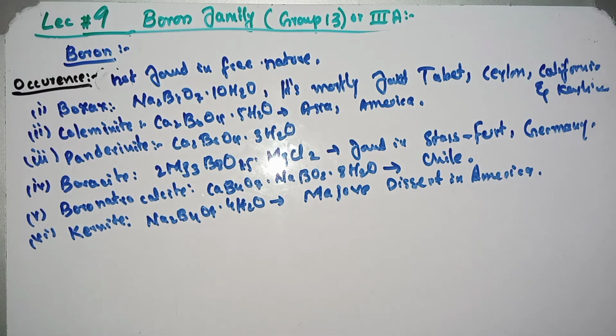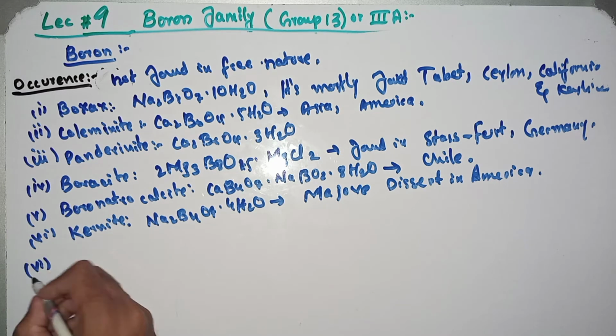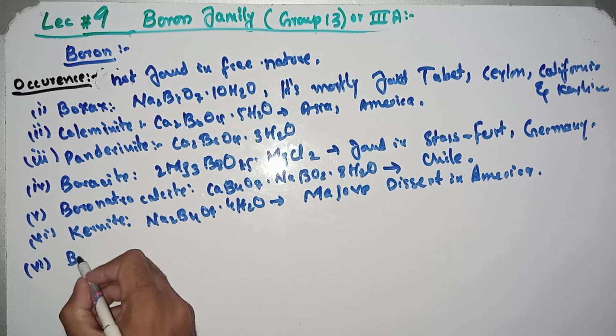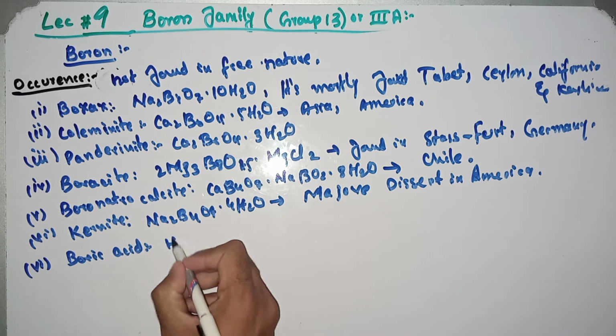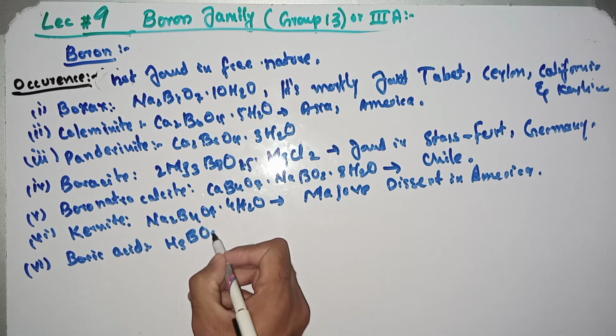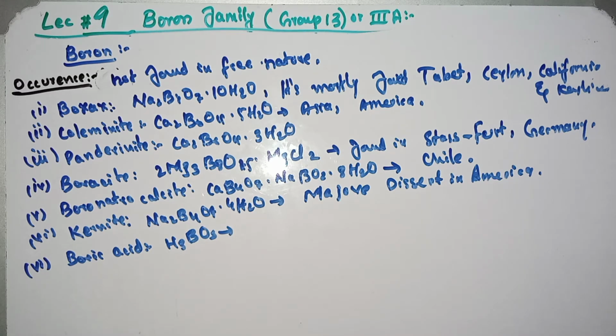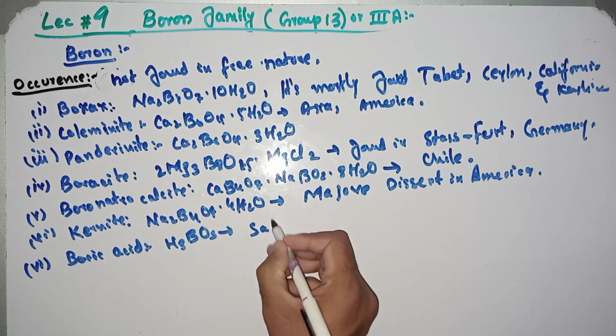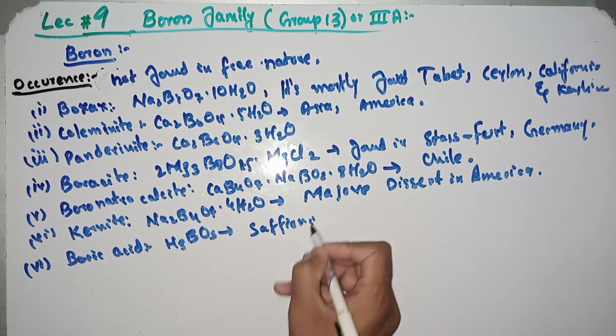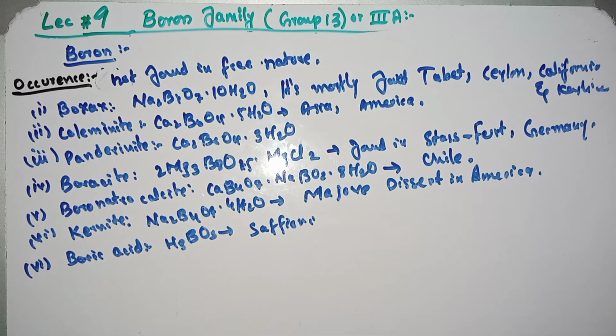Similarly, boron can also be found in the form of boric acid, that is H3BO3. It occurs in jets of steam, also called soffioni, escaping from the ground in the volcanic regions of Tuscany. It can be found in volcanic eruptions.